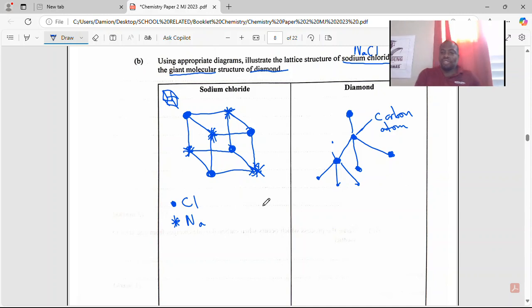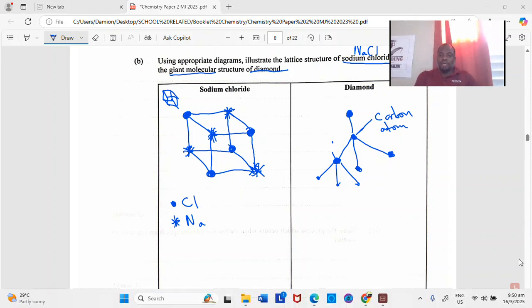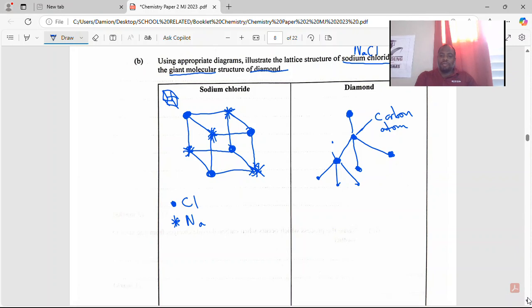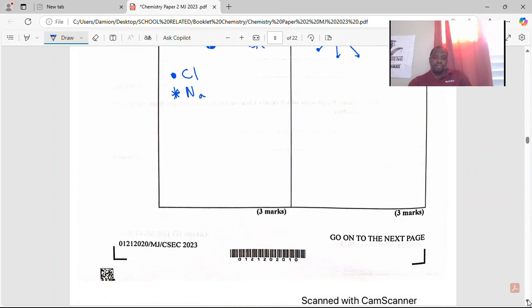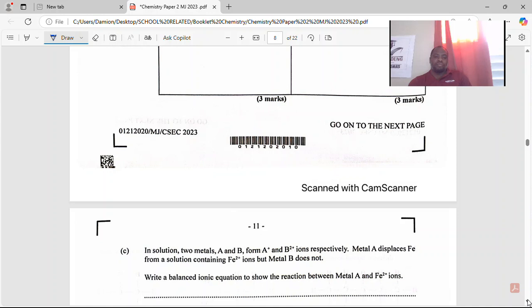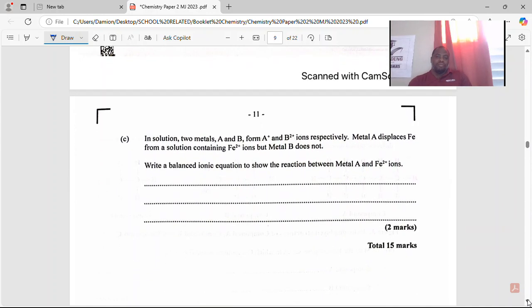So it's very strong. Practice to draw the diagram of these three, the diamond, the graphite, and the sodium chloride. Sometimes they do come back under bonding and structure.